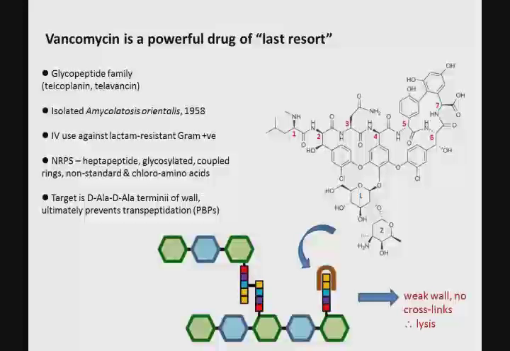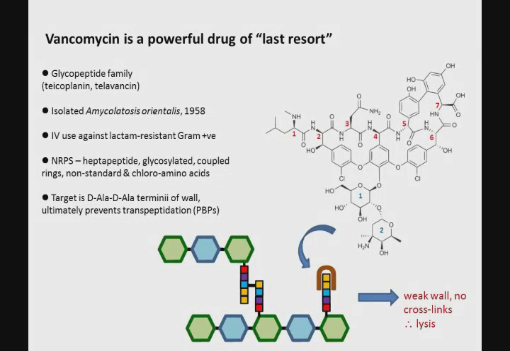Where these red numbers are, you can see each individual amino acid. There's one there with a side chain, that's a modified leucine. There's two, which is a modified tyrosine. Another peptide bond, 3, 4, 5, 6, 7. So even though it looks completely wacky, it starts out life as a 7 amino acid peptide.